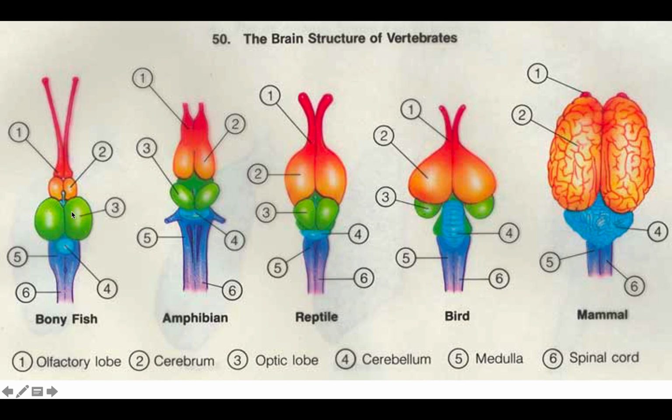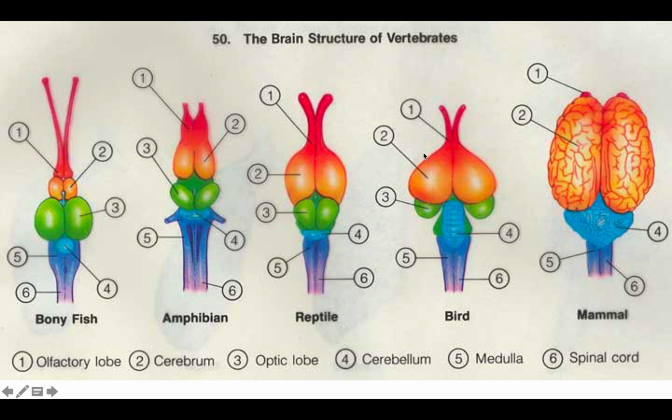That's why they have such good eyesight, and they can see fishing line and things that help them see underwater. Okay, 4 is your cerebellum, movement. Okay, 5 is your medulla, and 6 being the spinal cord.